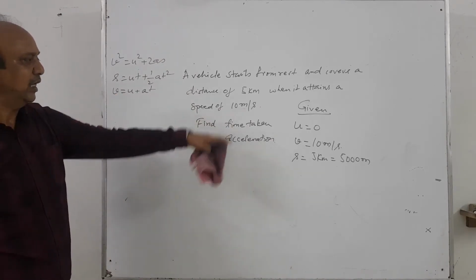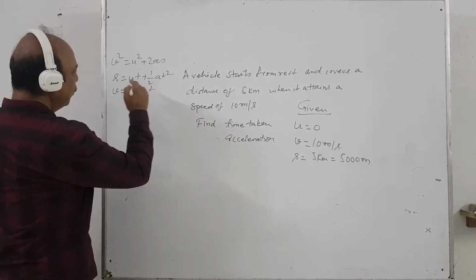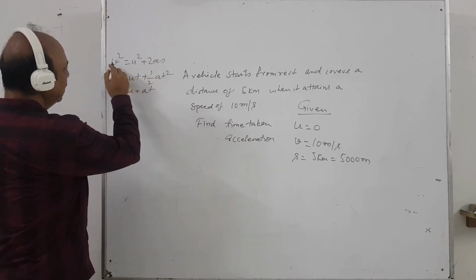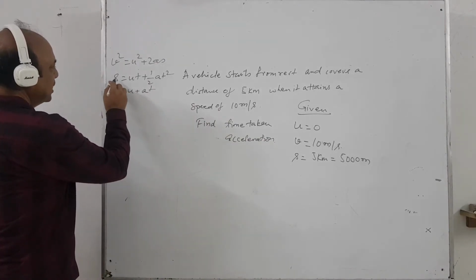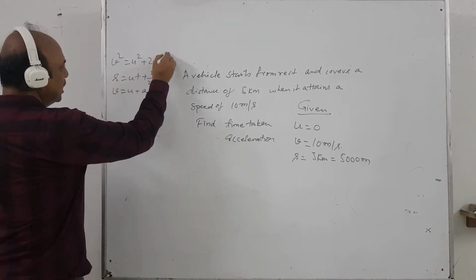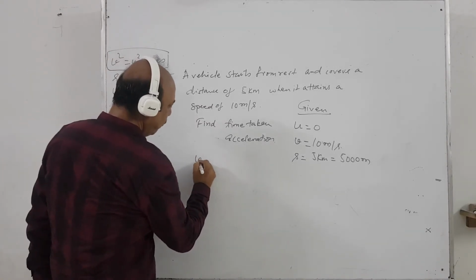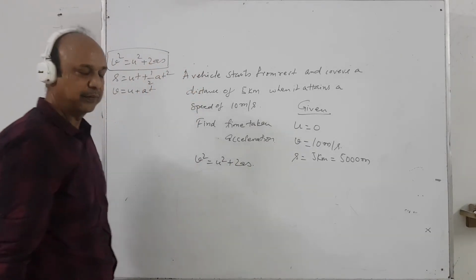Now, what all things are given here? U is given, U is common in all three. V is given, V is there in this equation and this equation. S is given, S is in this and this. So we can use this equation to find acceleration. Write V square is equal to U square plus 2AS.